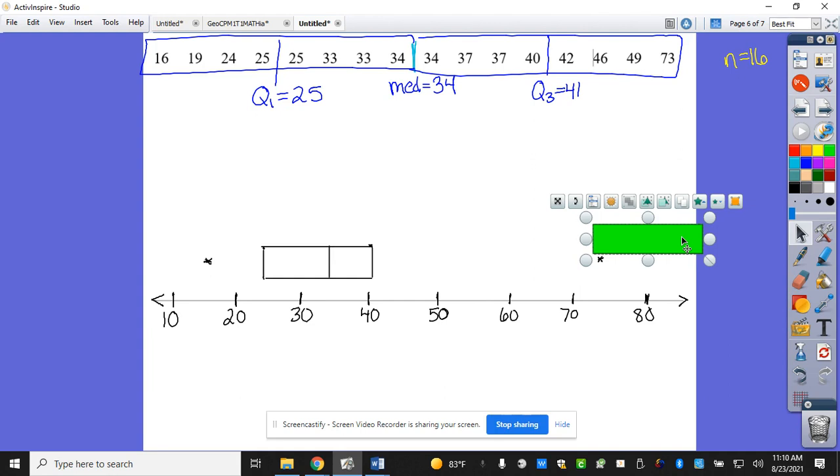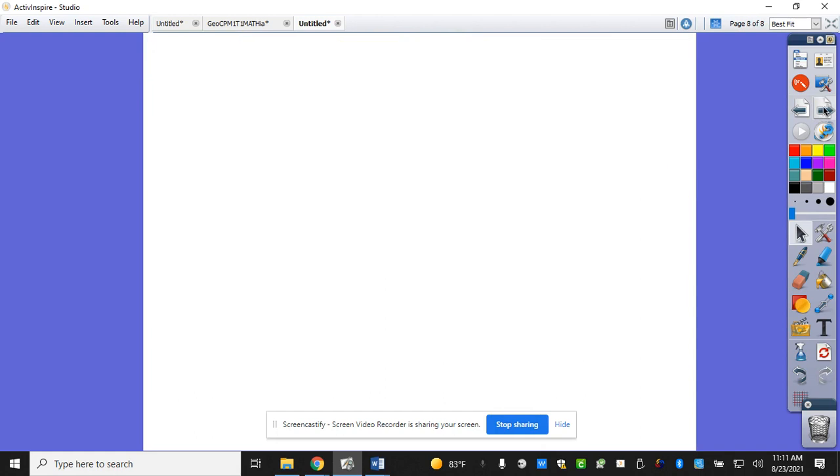Anytime it's more than 1.5 of these away, that's what we're considering an outlier. Flip it over to the back, because I want to make sure we have enough room to write that. I'm going to say general checking for outliers.